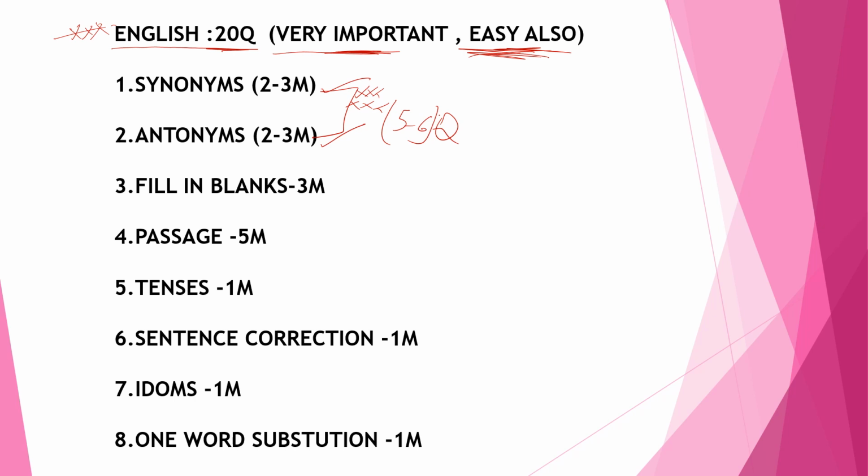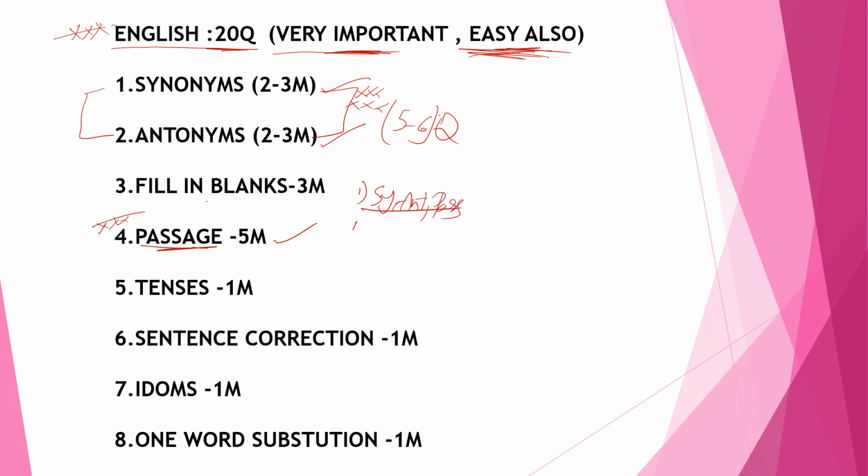Fill in the blanks, 3 marks. Passage is important and easy, 5 marks. So if you read passage, antonyms and synonyms, you will get around 10 to 11 marks. Out of 20 questions you can expect 10 to 11 questions from these topics: synonyms, antonyms and passages.